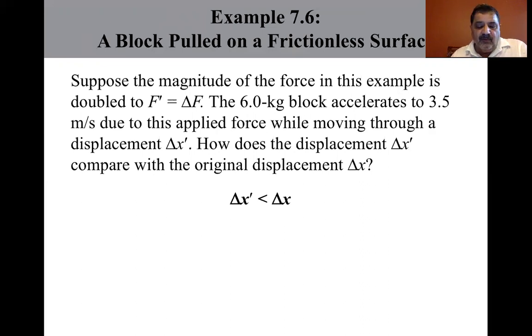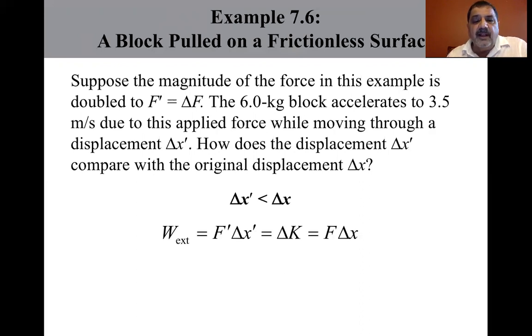Mathematically, from the work-kinetic energy theorem, we find that the external work is equal to F prime delta X prime equals delta K, the change in kinetic energy, which is equal to F delta X. In other words, it's the same, so it doesn't depend on the force.